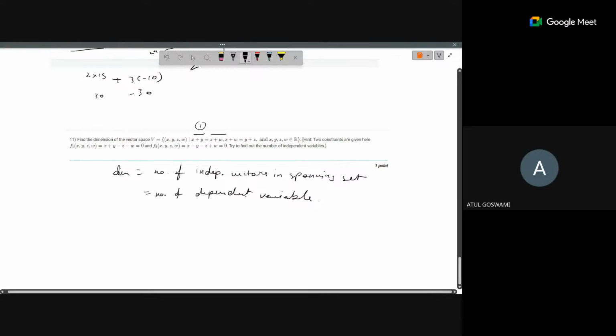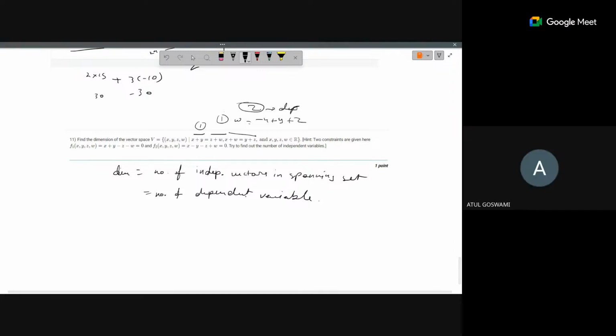So one variable from x, y, z, w would be independent, and from this equation we can write, suppose, w in terms of minus x plus y plus z. So one vector from here. So basically two dependent variables. Two dependent, that means dimension is two. Is that clear?